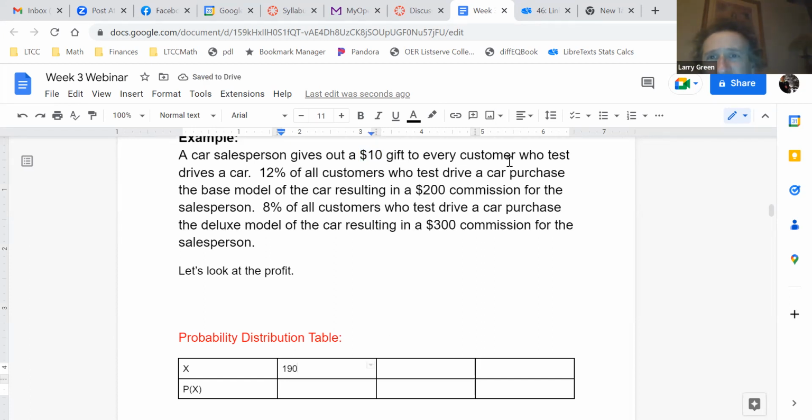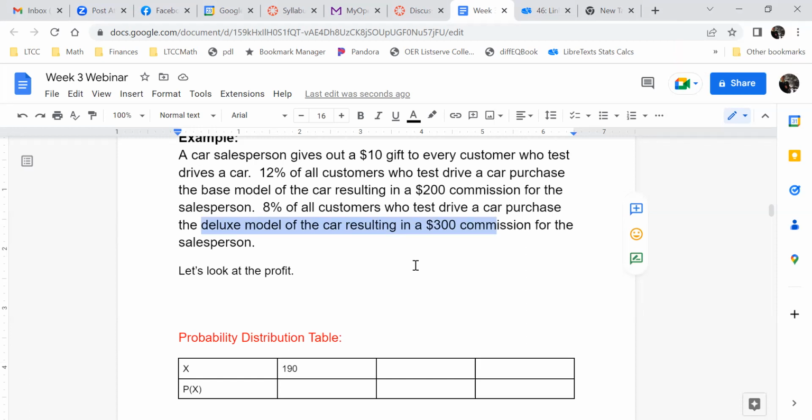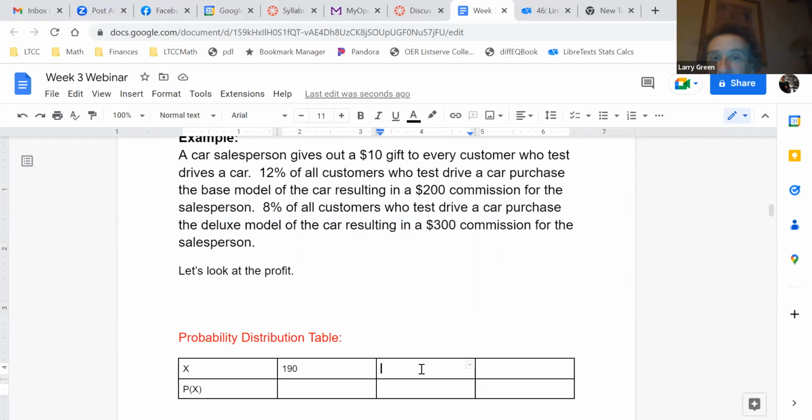Okay, what is the profit if the person purchases the deluxe model? My guess is you'll all get this one right now. 290. Yeah, because again, they're bringing in 300, but had to give a $10 gift certificate. So 290.